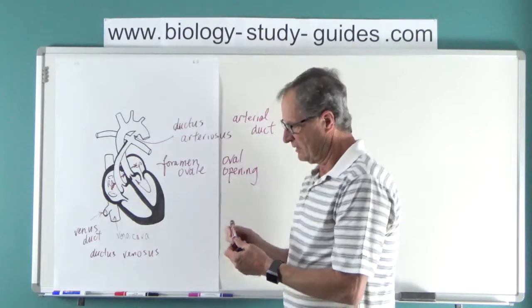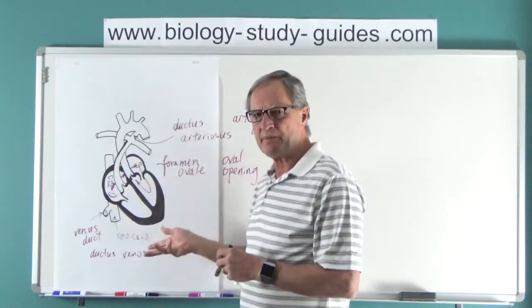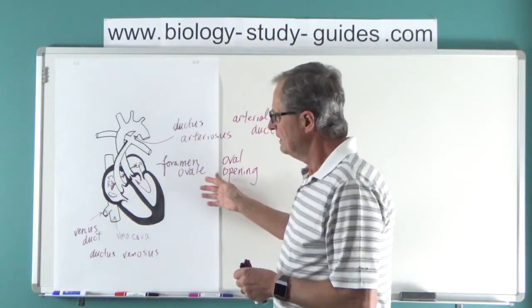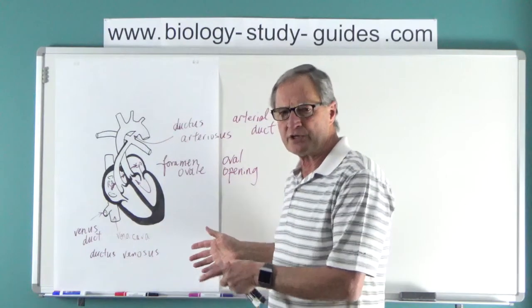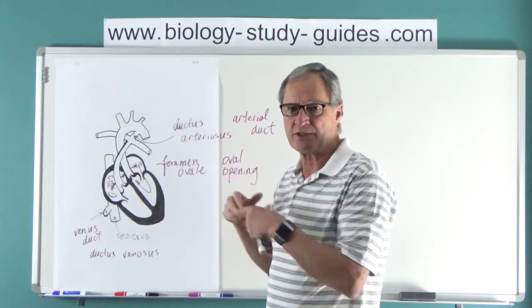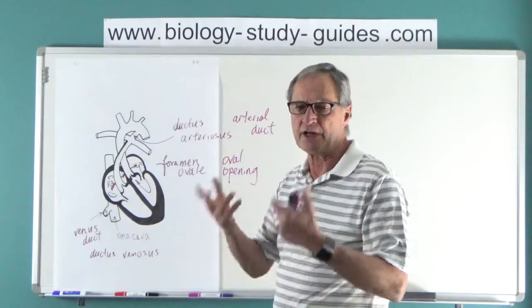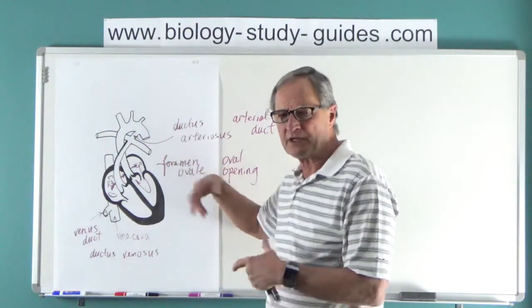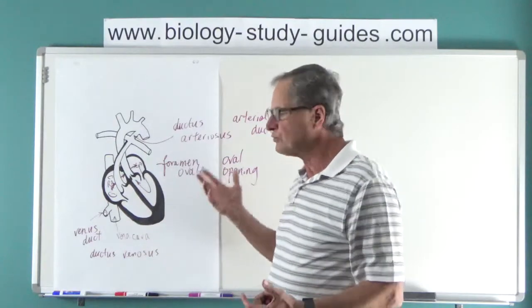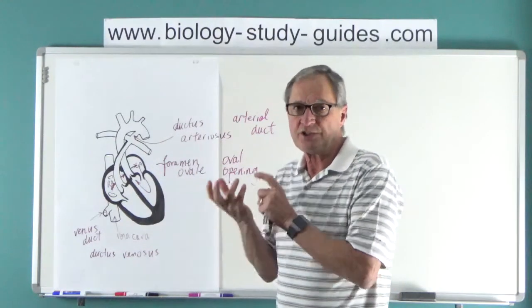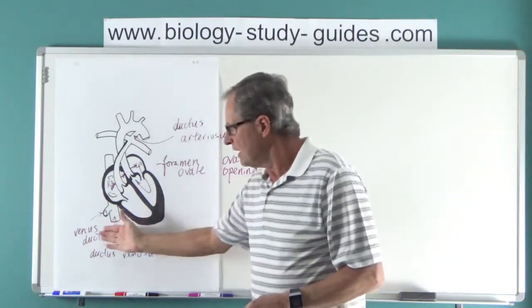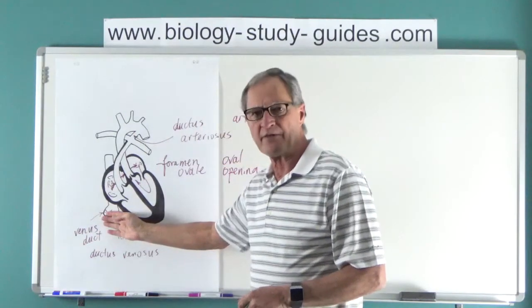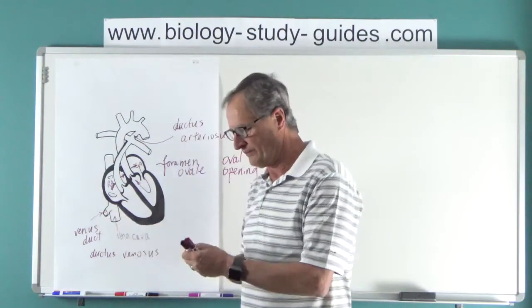You see, before a baby's born, the blood isn't delivering nutrients from its digestive system because the digestive system isn't functional. They're not eating anything yet. And it's not delivering oxygen from its lungs because the lungs aren't functional. Those things which are still needed by the baby are coming in from the mother through the umbilical cord.